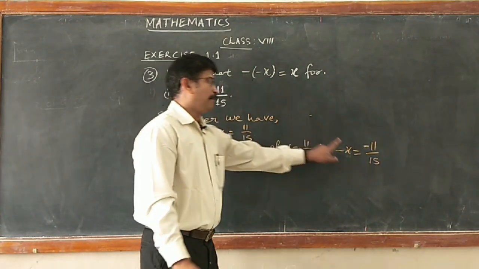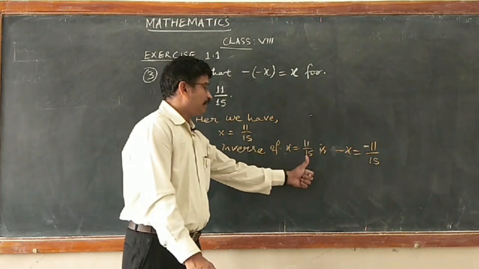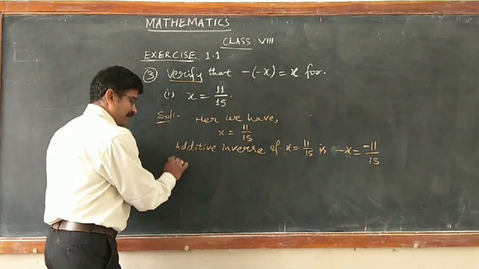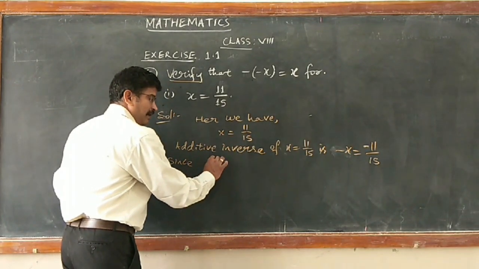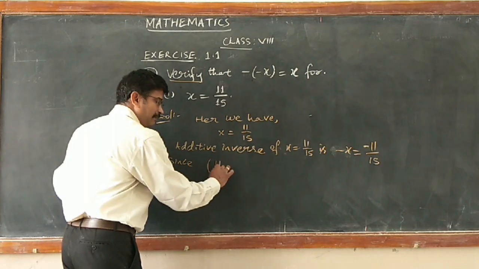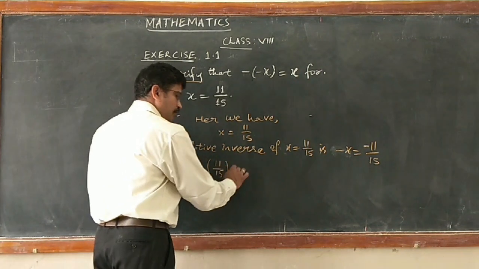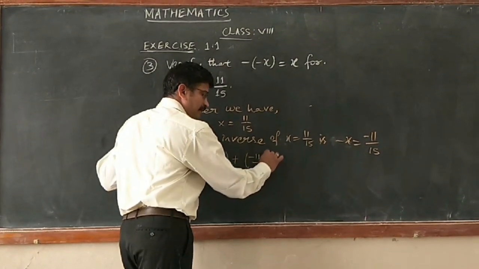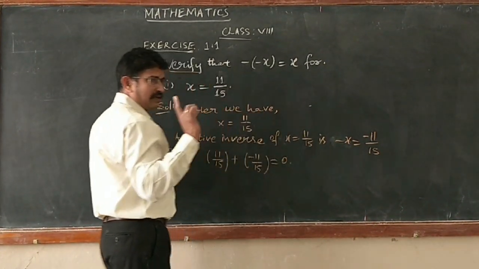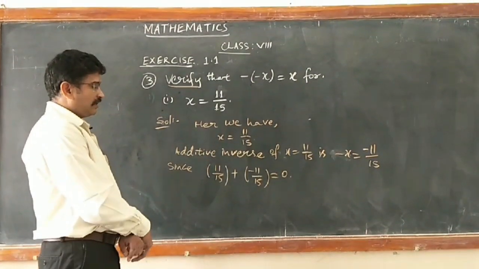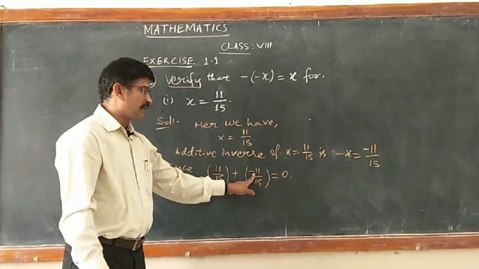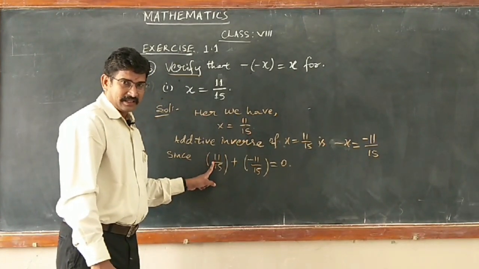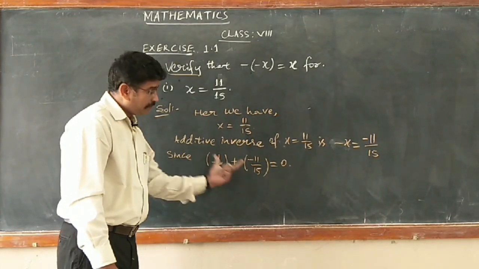For x, minus x is the additive inverse. For 11 by 15, minus 11 by 15 is the additive inverse. Why? Since when I add 11 by 15 to minus 11 by 15 it gives me 0. This is the reason. Children, now I am calling minus 11 by 15 the additive inverse of 11 by 15, because their sum is 0.